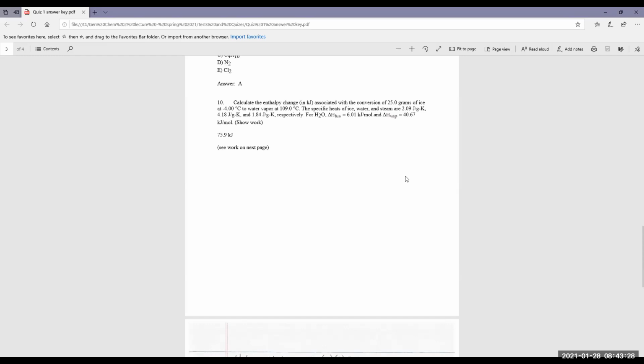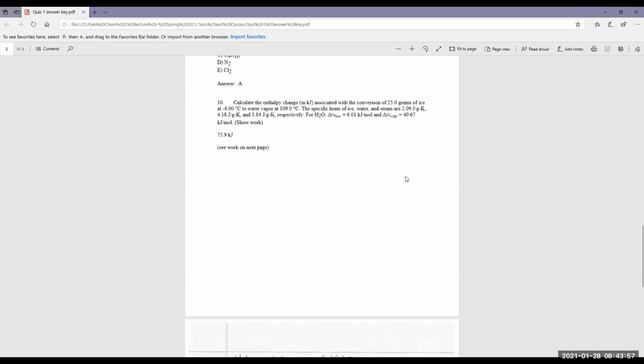We're told in this problem that we're starting at -4 degrees and we want to go up to 109 degrees. At -4 degrees, it's a solid, it's frozen. So we would have that first transition from -4 up to 0 degrees C, and an energy calculation to do for that.